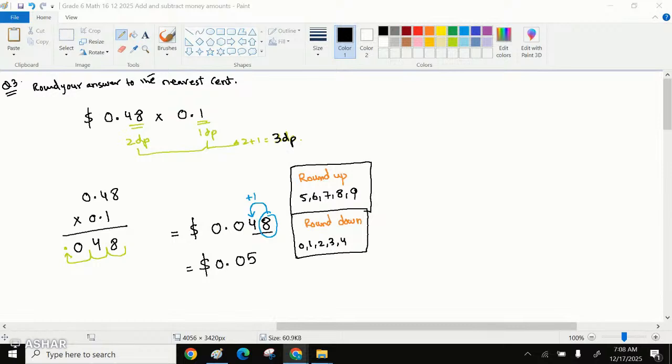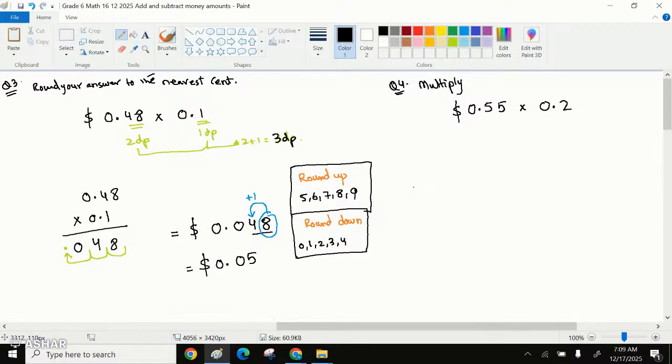Okay, let's see what we have in the next question. The next question says, multiply dollars 0.55 by 0.2.